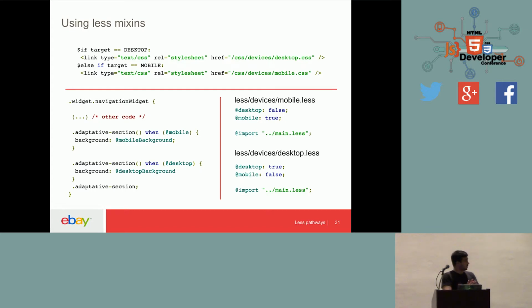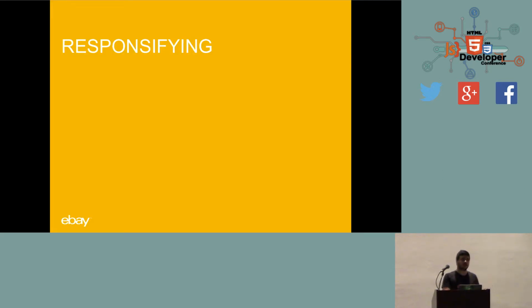So let's talk a bit also regarding the responsification of the environment. This first technique with LESS pathways allows us to generate specific CSS that targets environments. But we do want to try to keep the HTML as equal as possible across platforms.